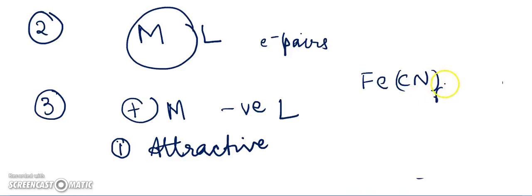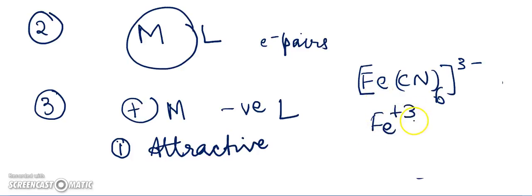[Fe(CN)6]3-. Okay. So here the interactions between the Fe3+ ion, that is the metal ion, and the negatively charged cyanide ions, there is attraction. Fine.